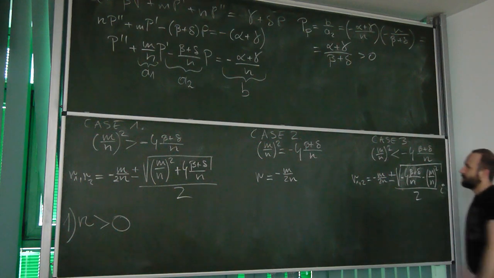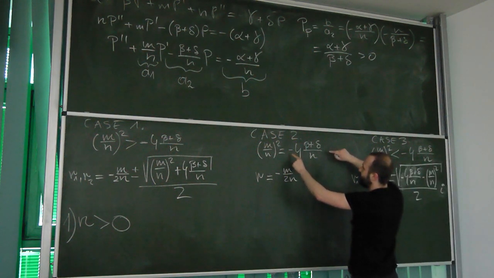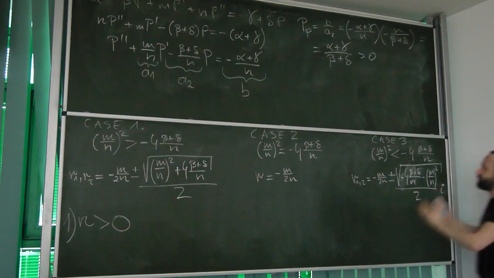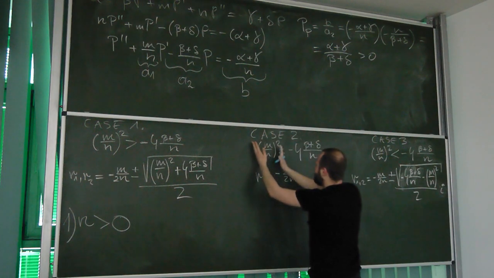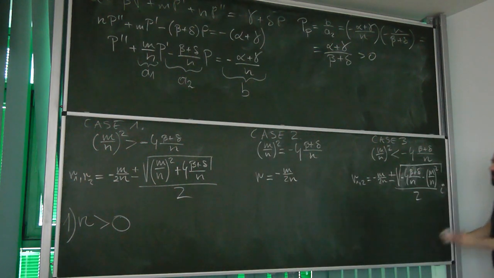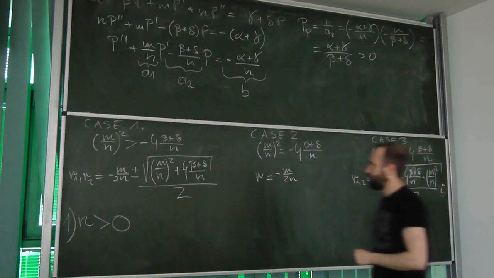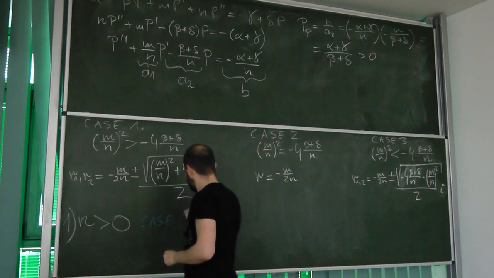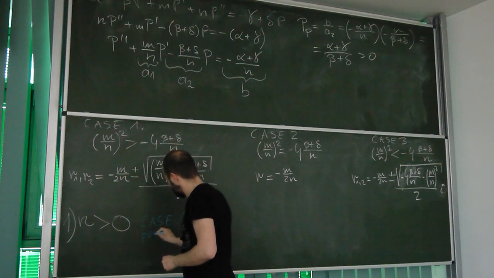What is more, if n is bigger than 0, this expression is negative, this expression is positive, they cannot be equal to one another. So if n is bigger than 0, case 1 is possible.